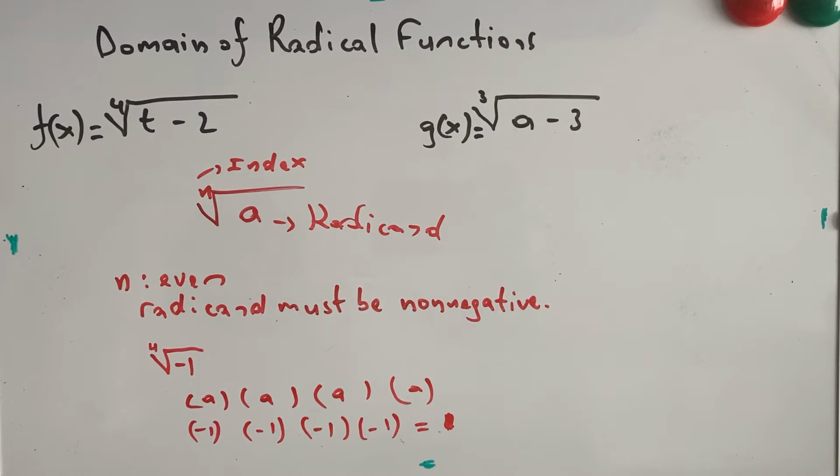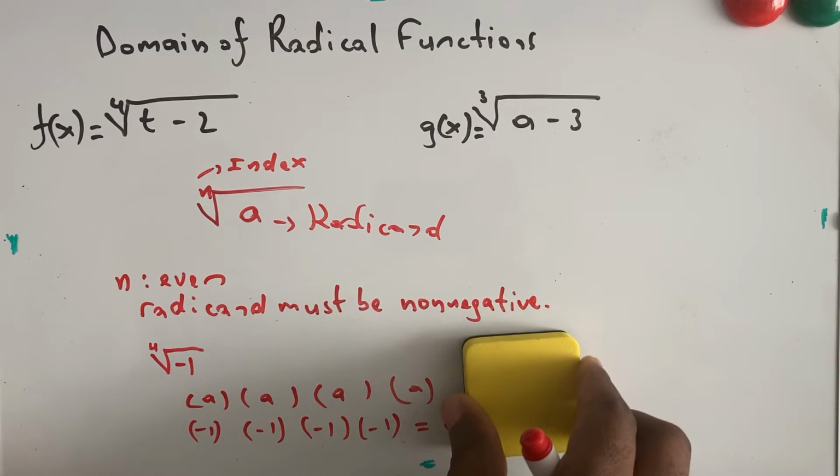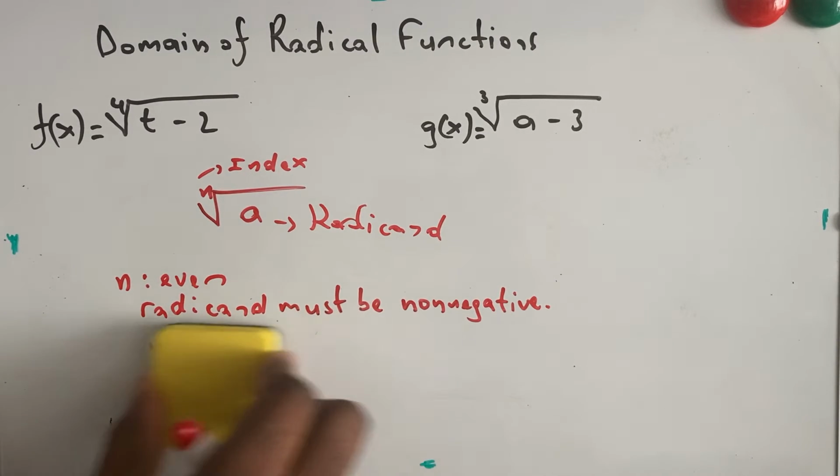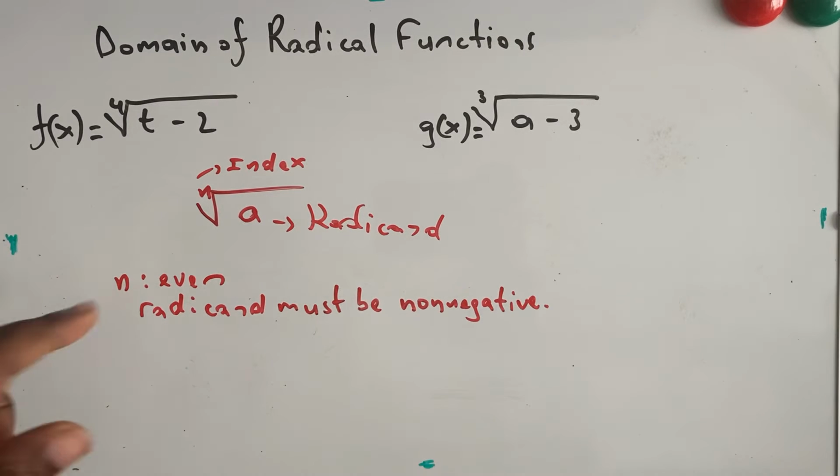Never. It won't happen. So you would have to get an imaginary number. But we're working on the real number set. So no number can give you -1. That's why the radicand must be non-negative if n is even, the index I'm saying.